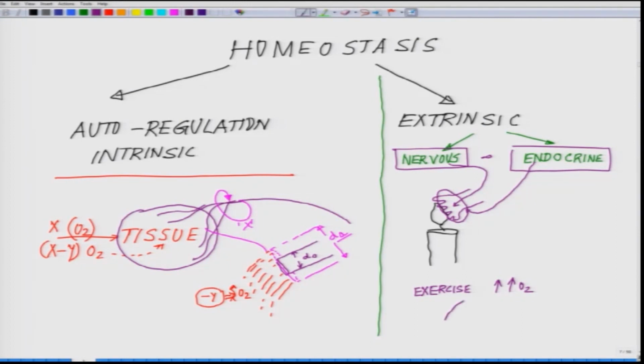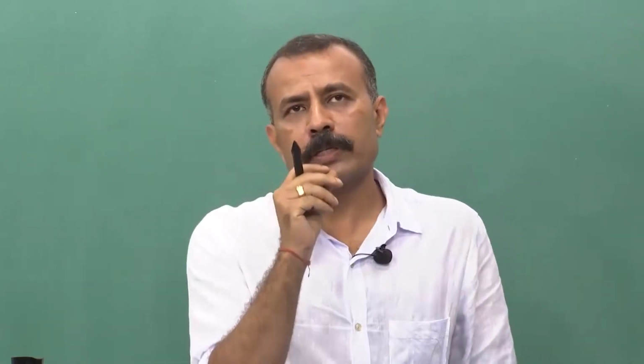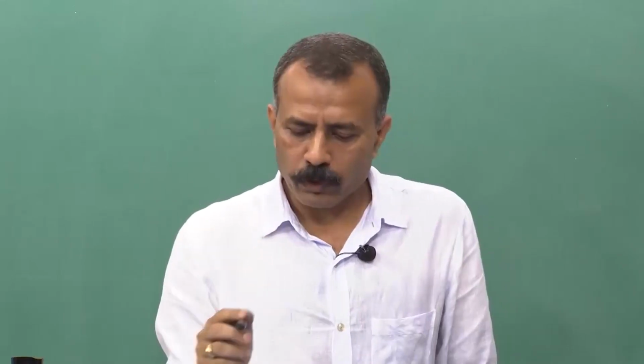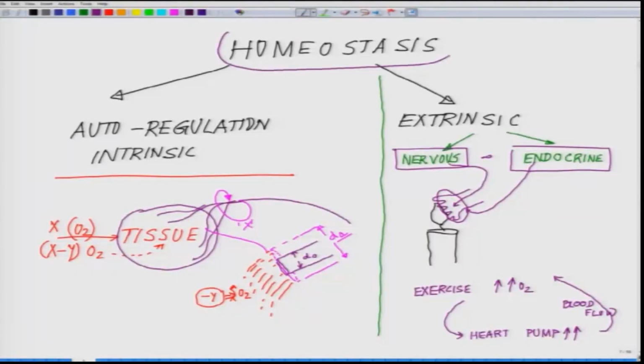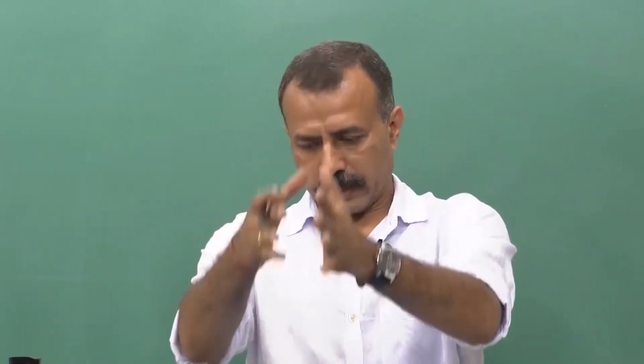This will tell the heart to pump, heart pumping will become more, and if the heart pumping is more, automatically there will be more blood flow, which will compensate for the lack of oxygen. In other words, these are the processes by virtue of which a system is brought back to its original state, and that is what we mean by homeostasis, trying to maintain its status quo where it was.